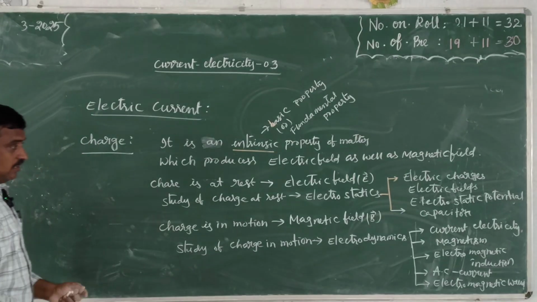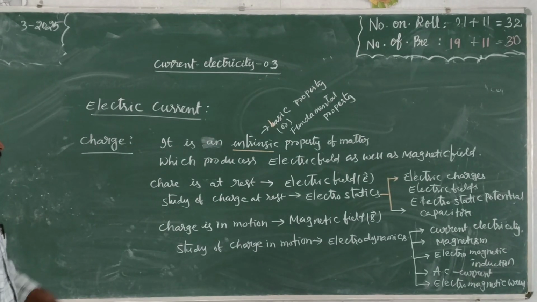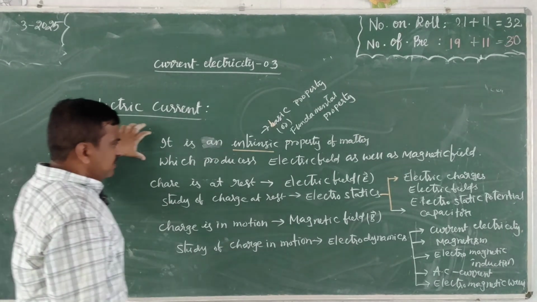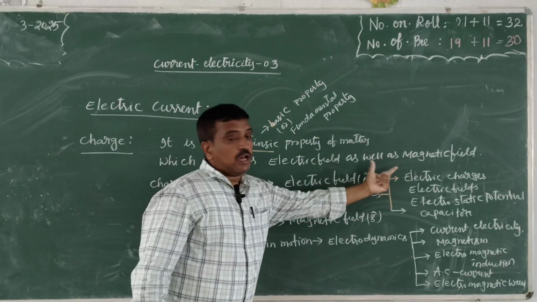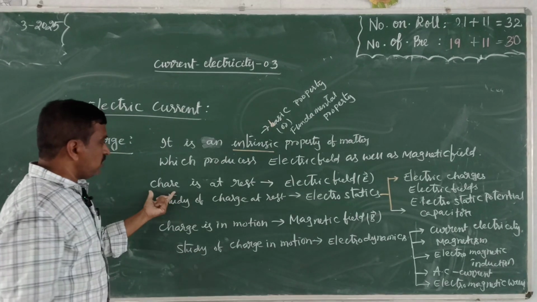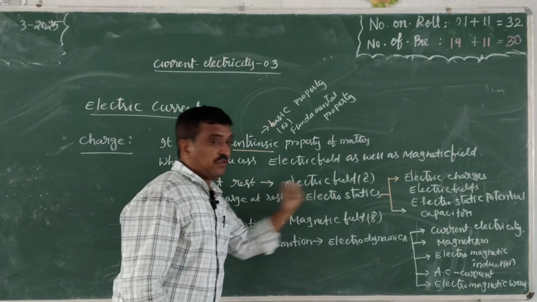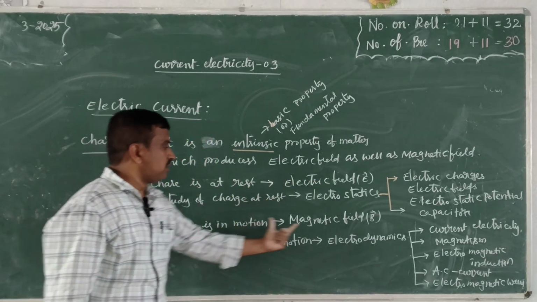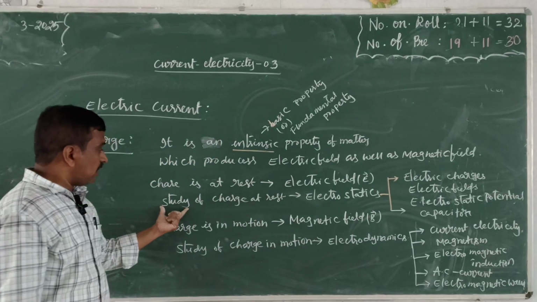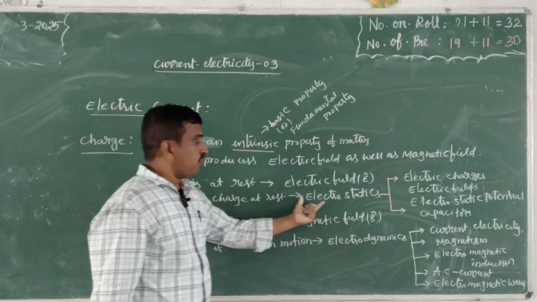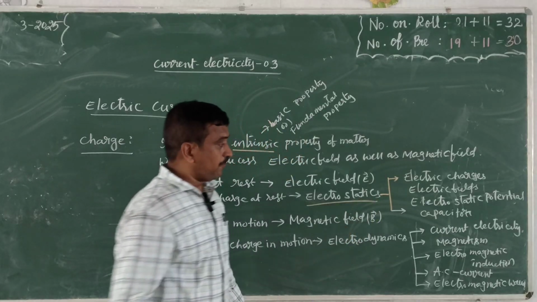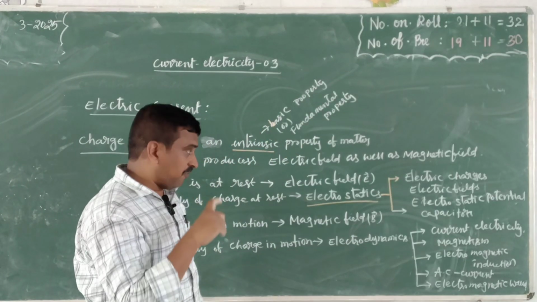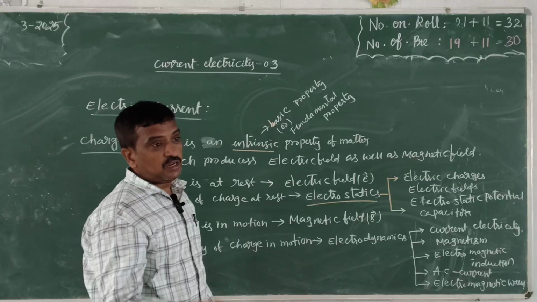See, it is the basic concept. Charge is an intrinsic property of matter which produces electric field as well as magnetic field. Charge at rest produces electric field. Charge in motion produces magnetic field. The study of charge at rest is electrostatics, where we discuss electric charges, electric fields, electrostatic potential, capacitors.